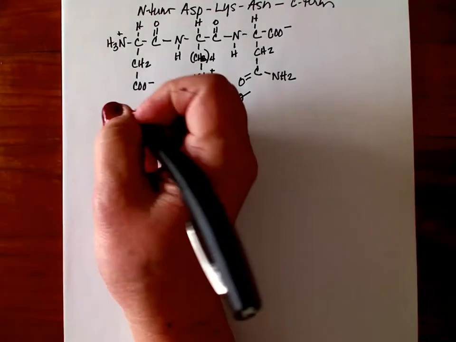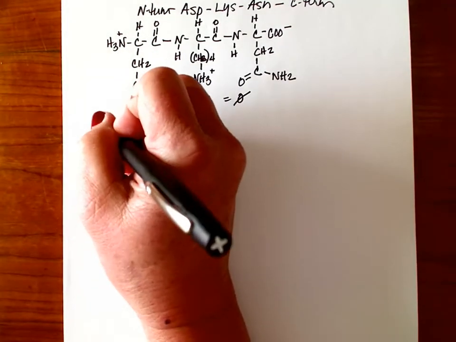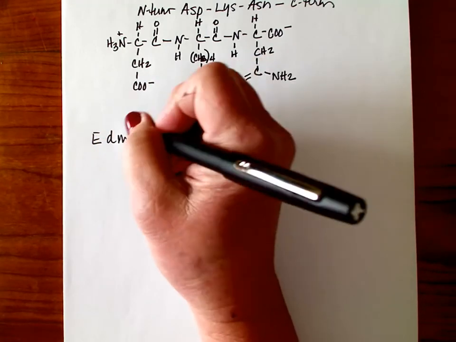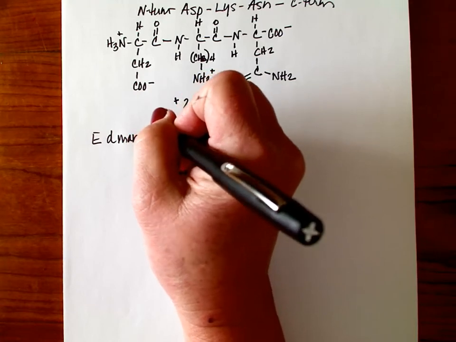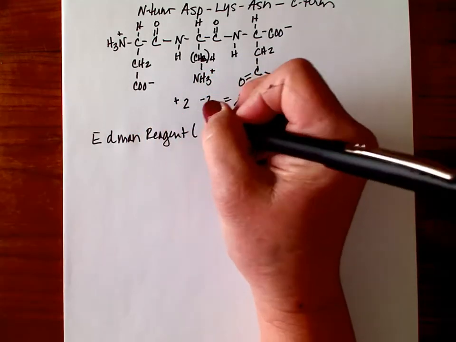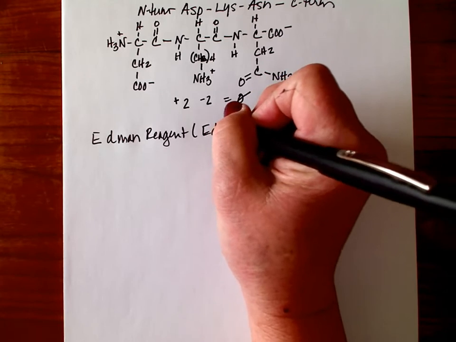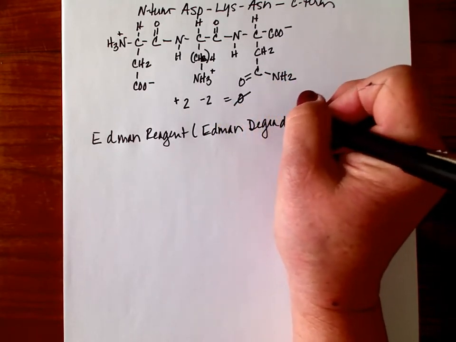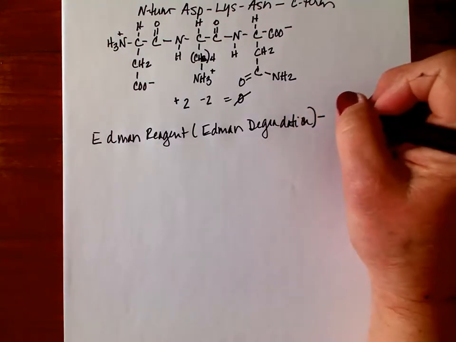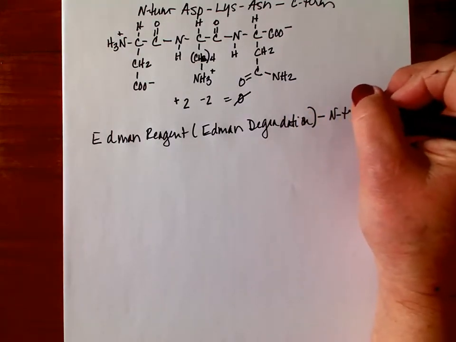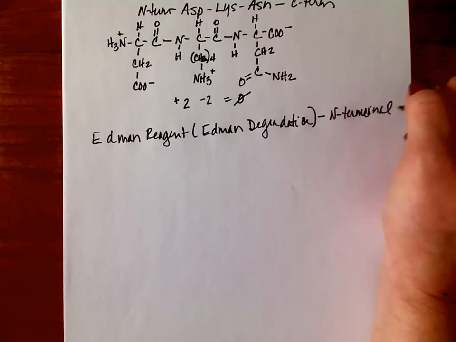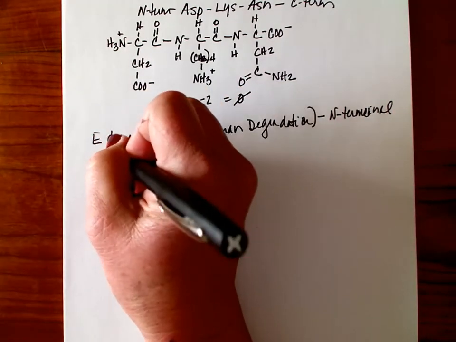So next we're going to look at the reaction of an amino acid with Edman reagent. This is what's used in the process called Edman degradation, and this identifies or analyzes the N-terminal amino acid.